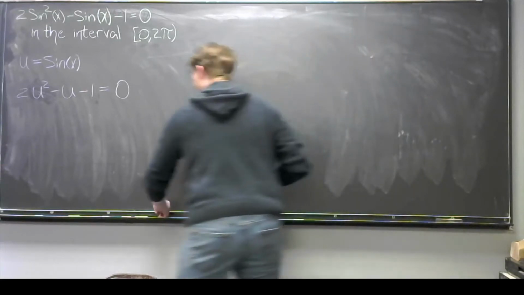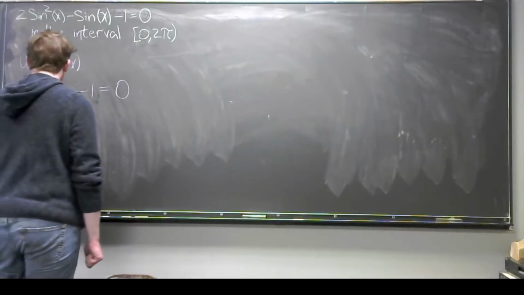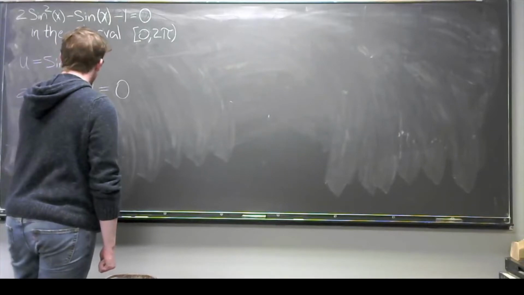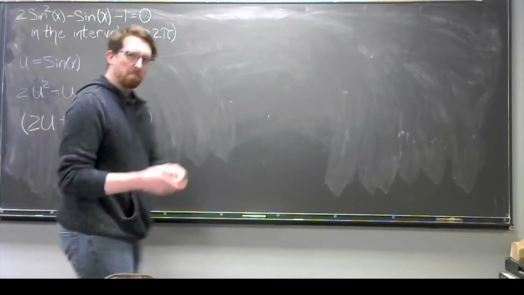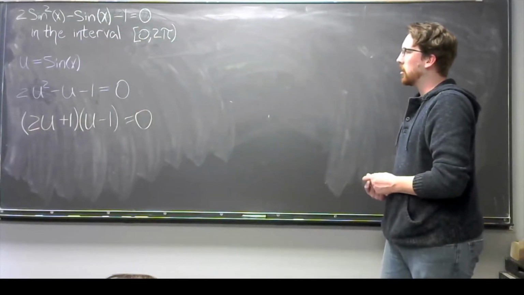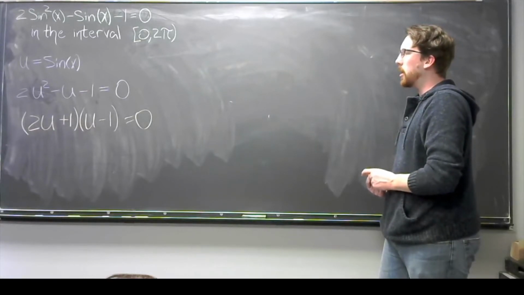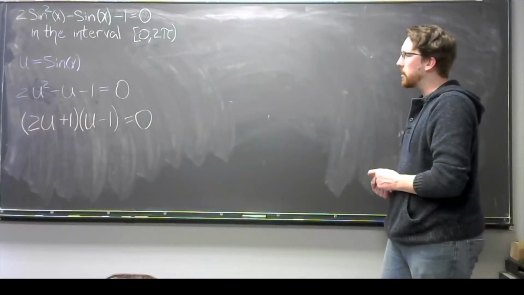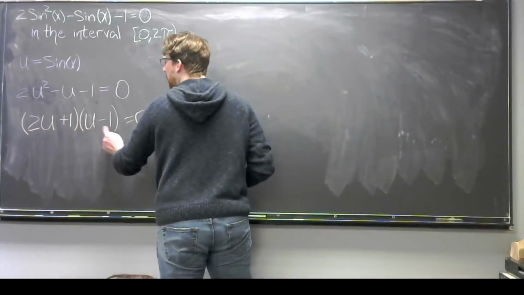Our factors here are going to be 2u plus 1 times u minus 1, if we use our traditional factoring methods. Now, what we're saying here is that 2u plus 1 is 0, or u minus 1 is 0.